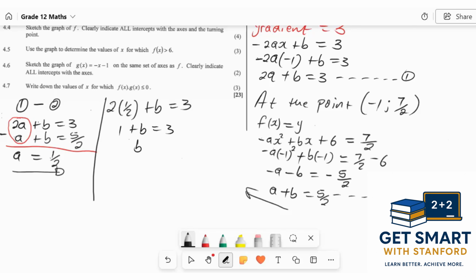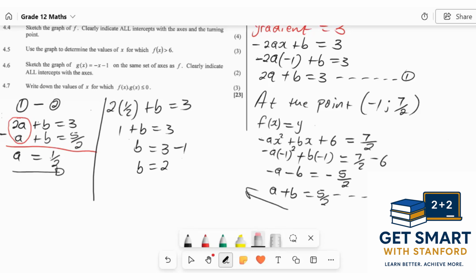Then we're going to transpose the 1 to the other side. We'll have 3 minus 1, and then b equals 2. b is equal to 2. So we have proven and we are done with that.